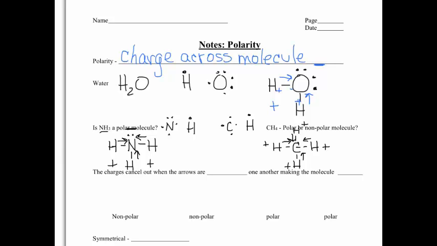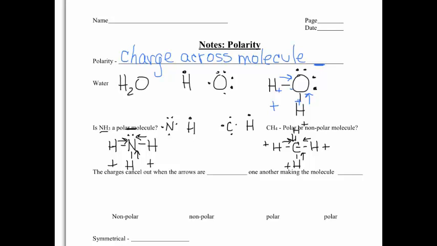You're not having a charge across the whole molecule like you see in water, where this whole end is positive and this end is negative, or with ammonia where this side is all positive and this is negative. So essentially what we see is that if there's any symmetry to the molecule, the polarity of the bonds are going to cancel each other out.